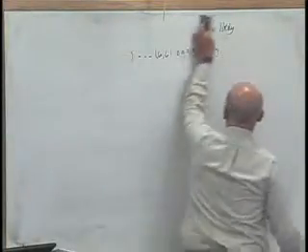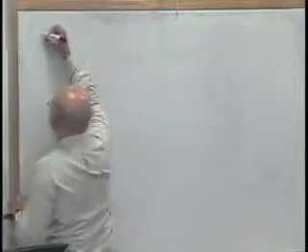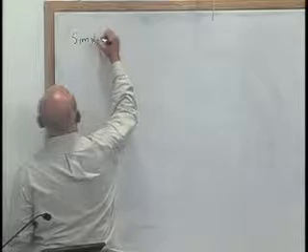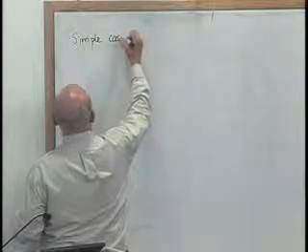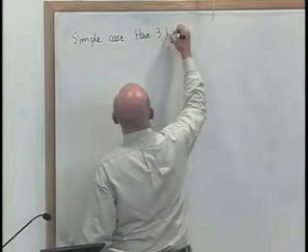Now let's apply it to families, and here is the simple case. The strategy is have 3 kids and stop.